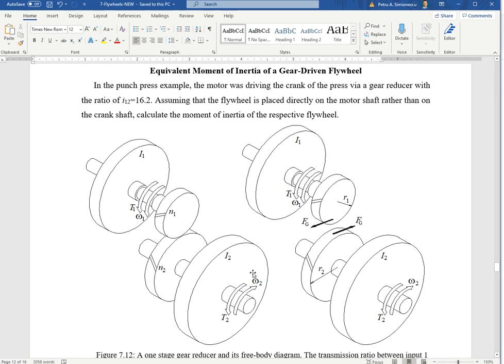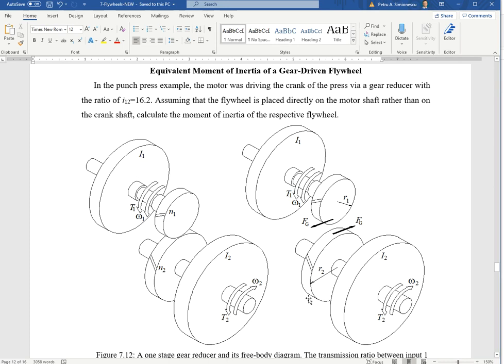What happens if I take this inertia and add it to this faster rotating shaft, or vice versa? If I take this flywheel and, for equivalent overall effect, place it on this shaft, it cannot be the same moment of inertia. You have to account for the reduction, for the increase in speed, depending on which direction we go between these two gears.